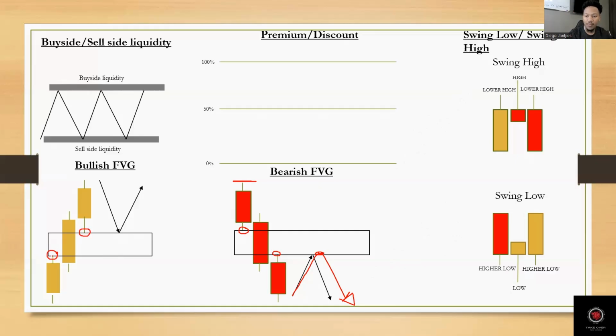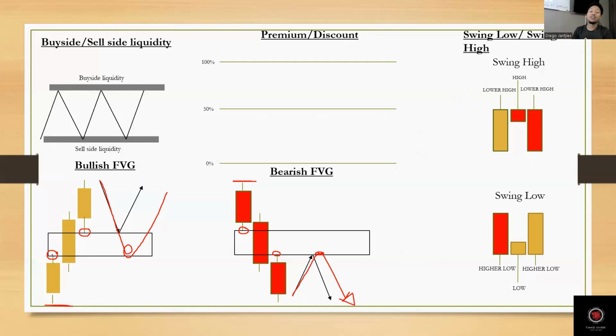This little gap is our imbalance. So all we want to see is price tap inside our imbalance and have a nice little shift towards the upside. That's it. That is literally it. Where are your stops going to be? Below the candle which started off the fair value gap.